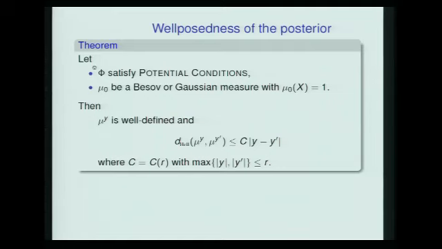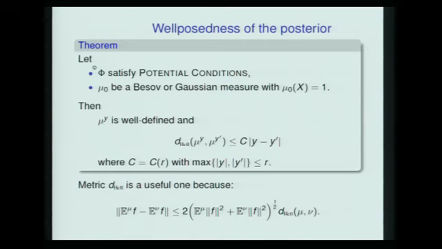Small changes in data result in small changes in measures, but to measure the small changes in measures, you need to put a metric on the space of measures, and we are using the Hellinger metric, because the Hellinger metric gives a nice way of bounding the expectations with respect to different measures.